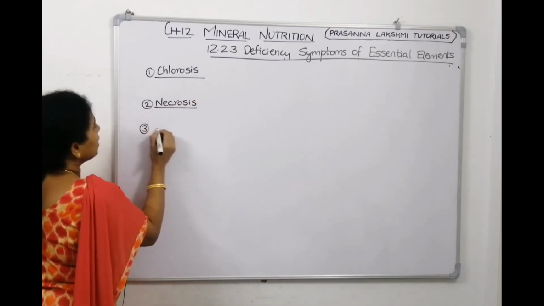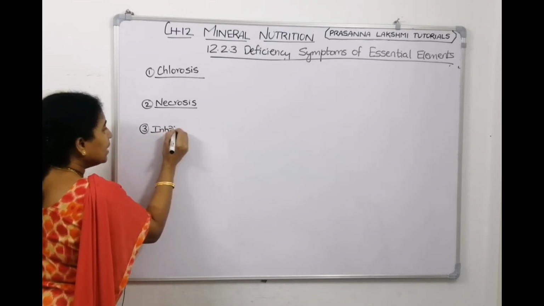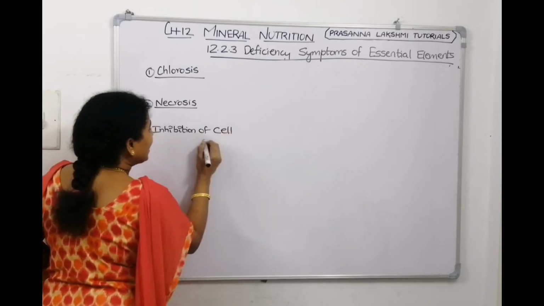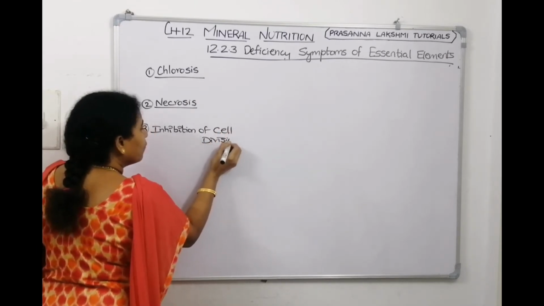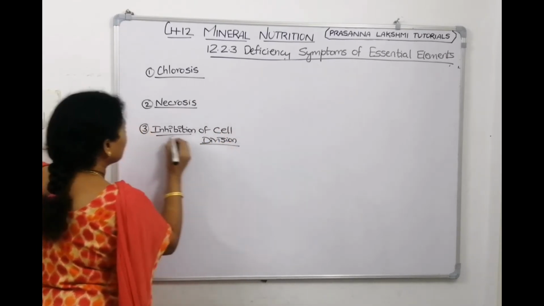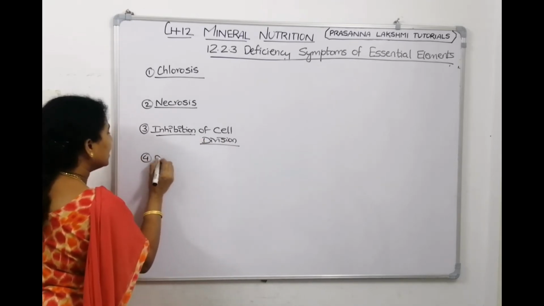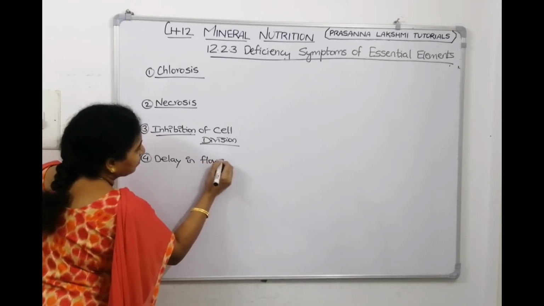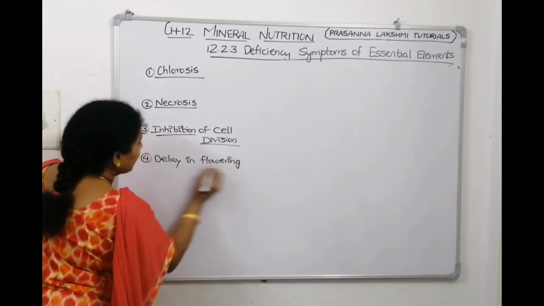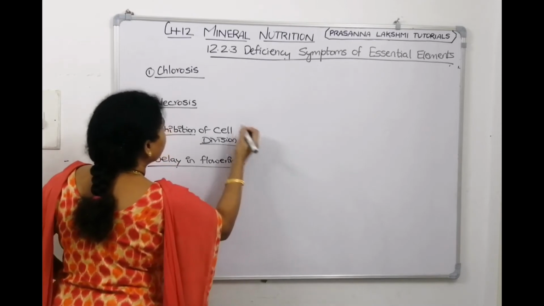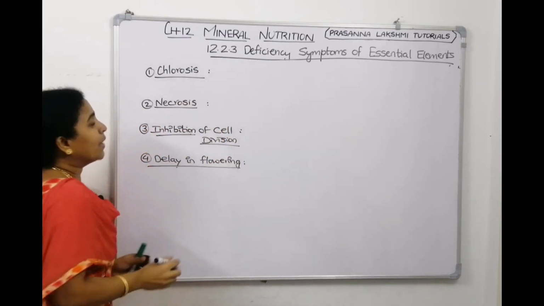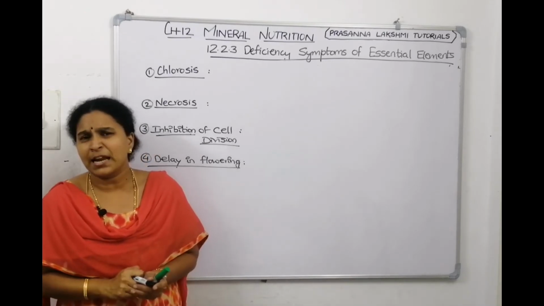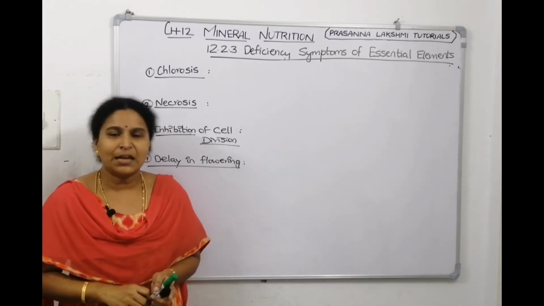Third, inhibition of cell division. Fourth, delay in flowering. In NCERT, they have shown 4 deficiencies.